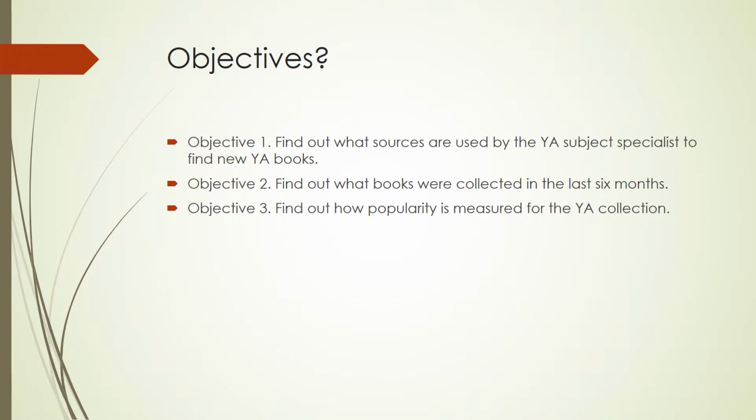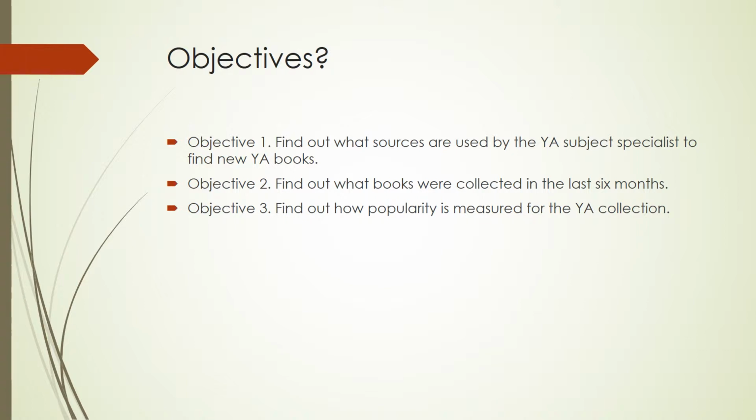You'll notice that objectives are, first of all, more specific. There are two or three of them here. So here are these three different objectives. We're just going to focus in on objective one.